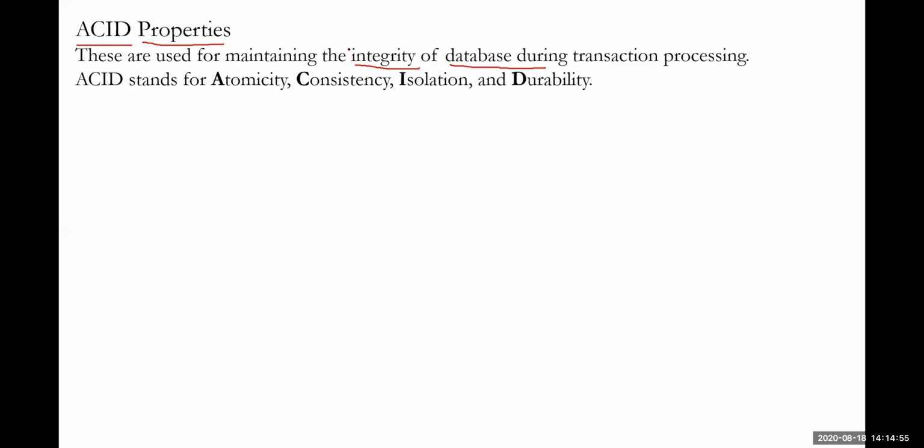I'll repeat, if you are doing some kind of operation on the database, the most probable operation is the updation. Updation will change the state of your database.